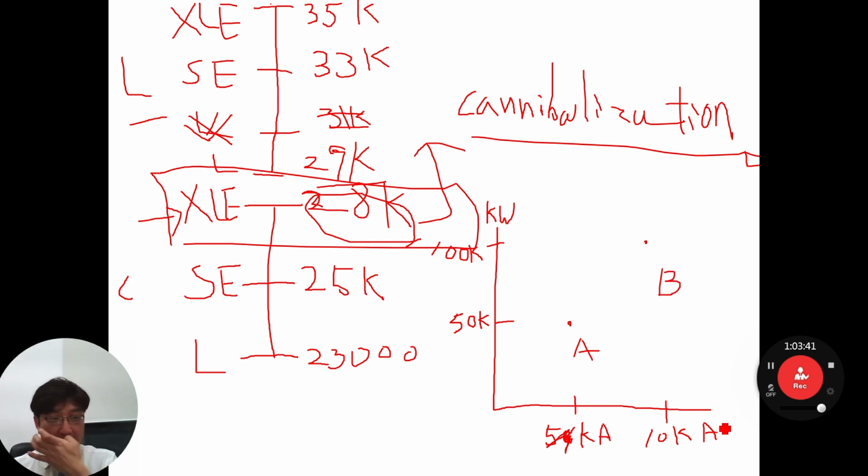Suppose somehow model B is not selling. Lots of people purchase product A, but not too many people purchase product B. The price and the capacity are proportional, but a lot of people purchase this one.